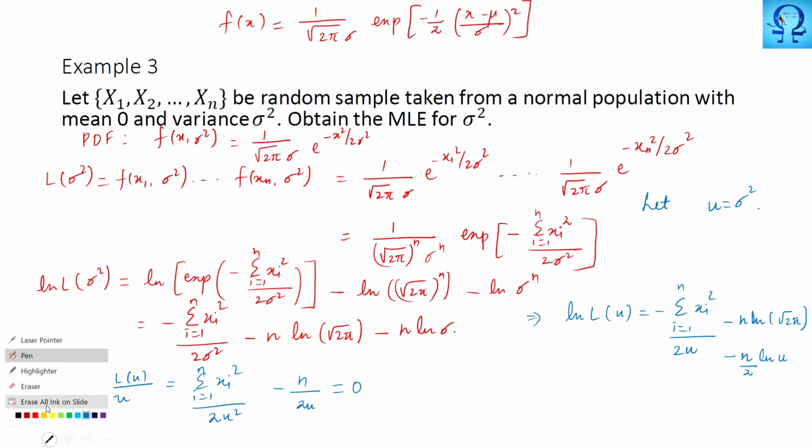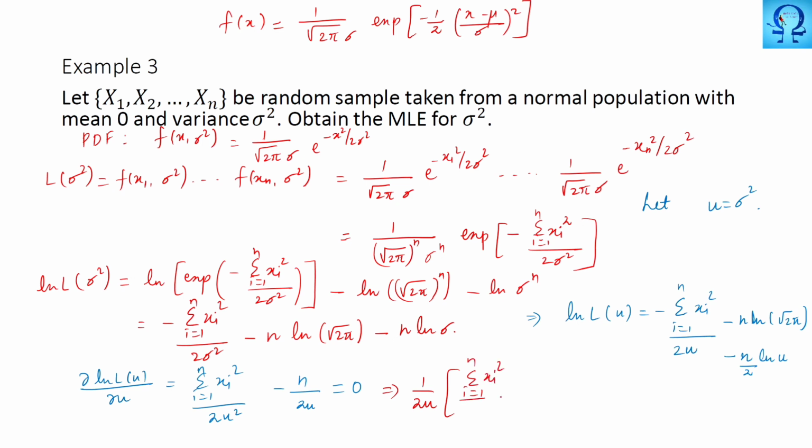So from which, again, 1 upon 2u times of summation i runs from 1 to n xi square upon u minus n is 0. So from which your u, that is your sigma square, is summation i runs from 1 to n xi square, this entire thing divided by n. So it is your sigma cap square. This is the maximum likelihood estimate for this case.